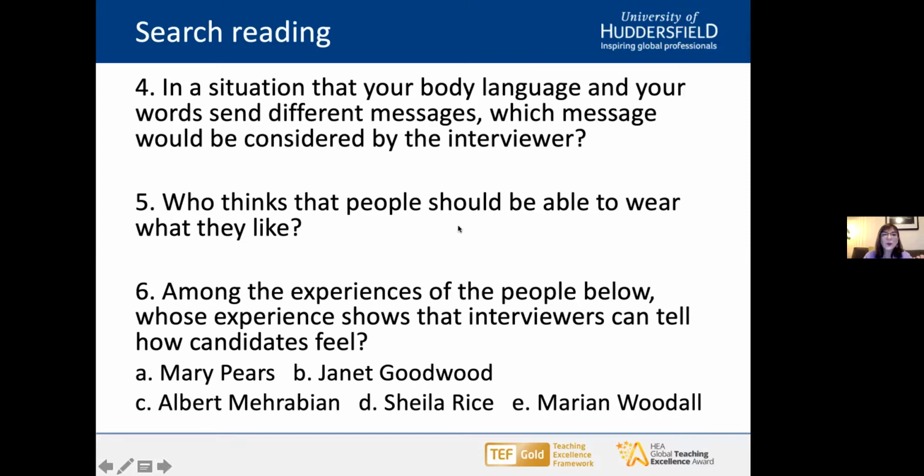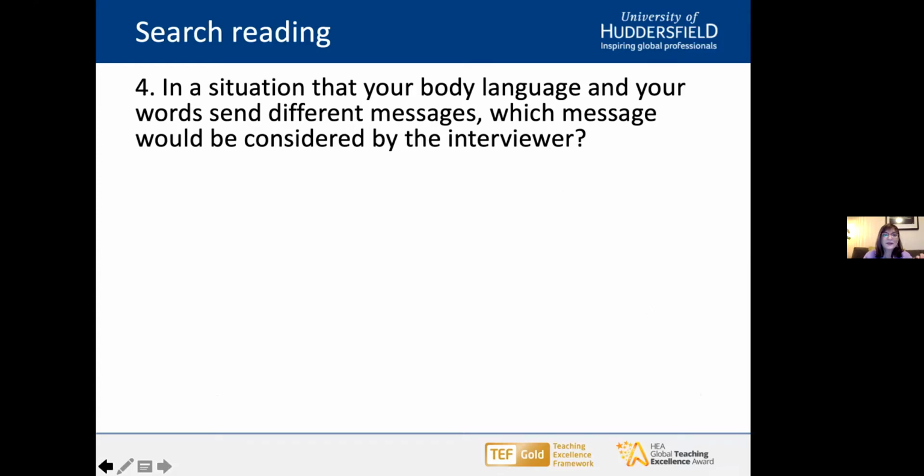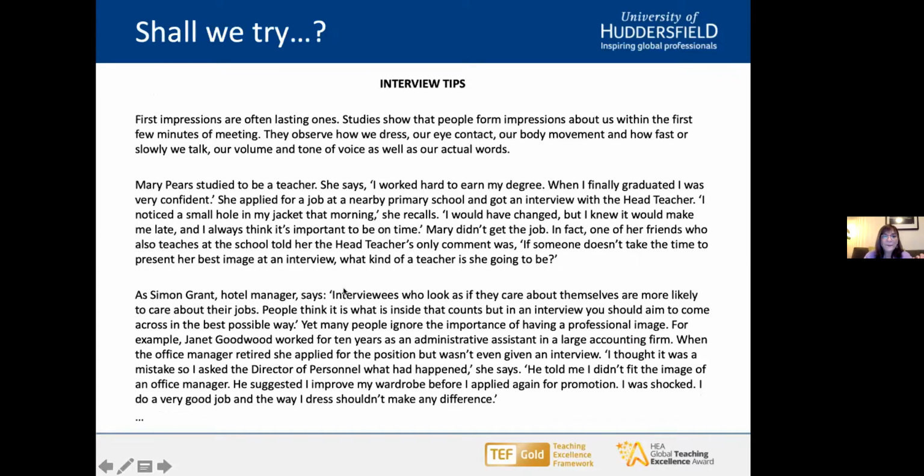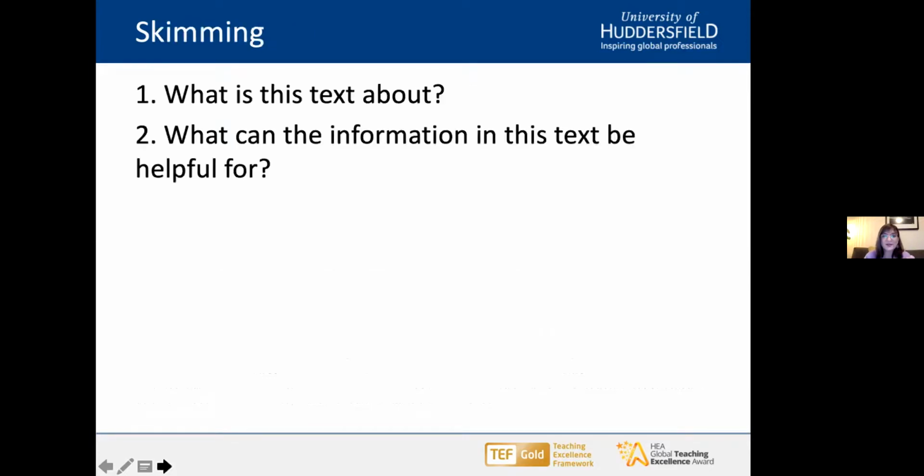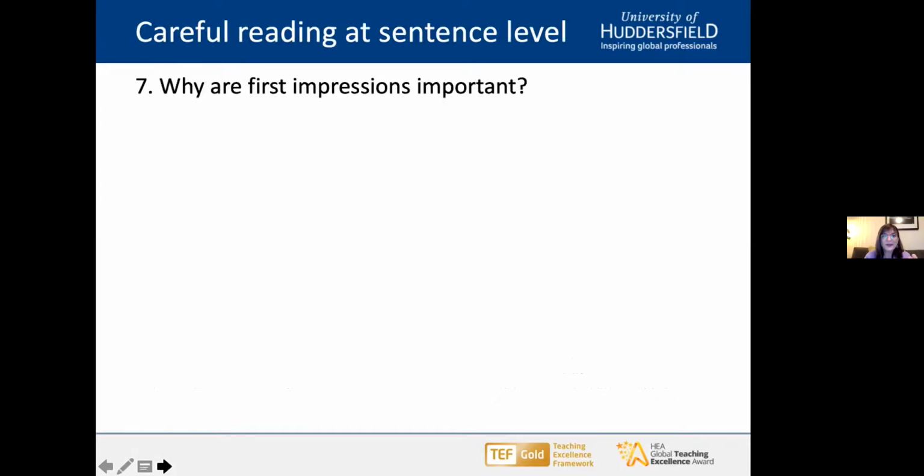For example, here it talks about body language and words, but the text talks about, let me show you if I can find it. I think it comes later on, never mind. I was going to send this text to you too, but we don't have time for that.